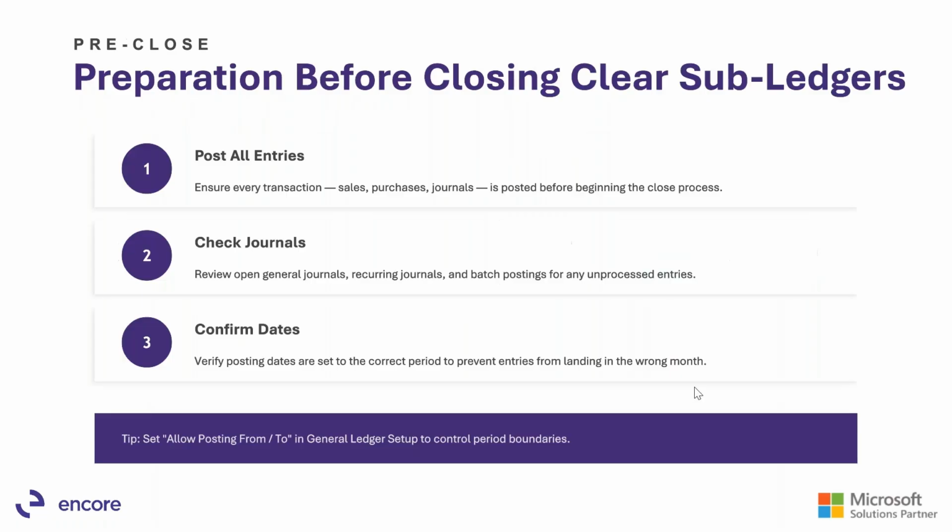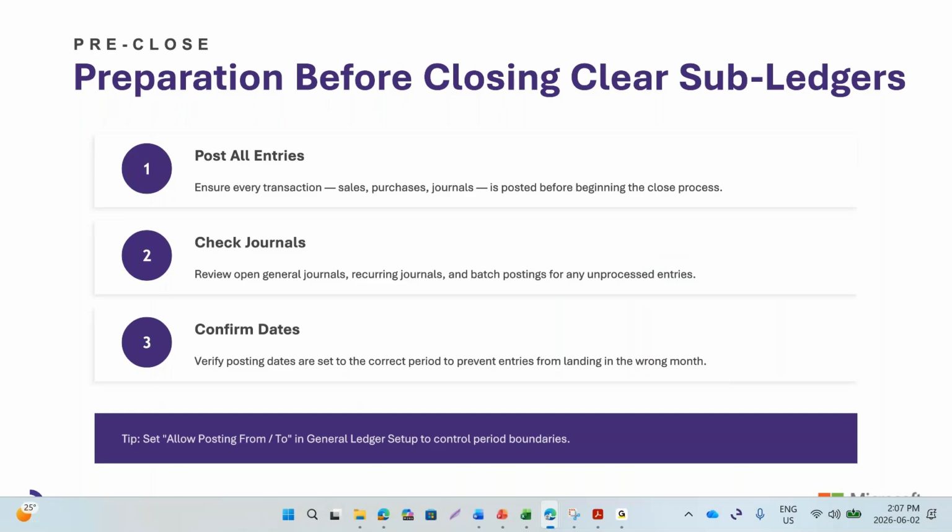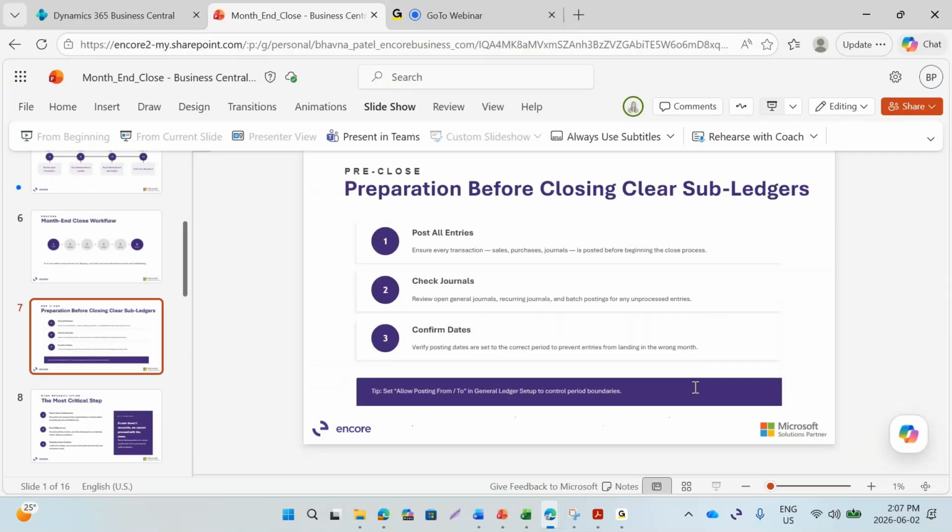So I'm going to show you in this case how to make sure that all the entries are posted. That means all the sales and purchase invoices and the journals are posted, and how you can review it in Business Central. So I'll switch on to Business Central.